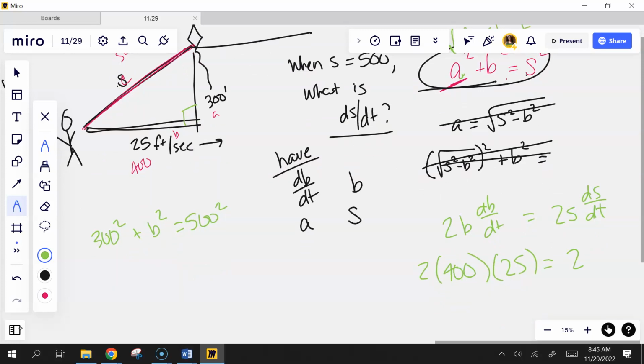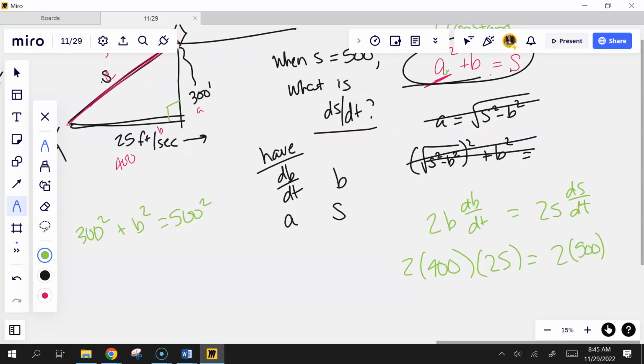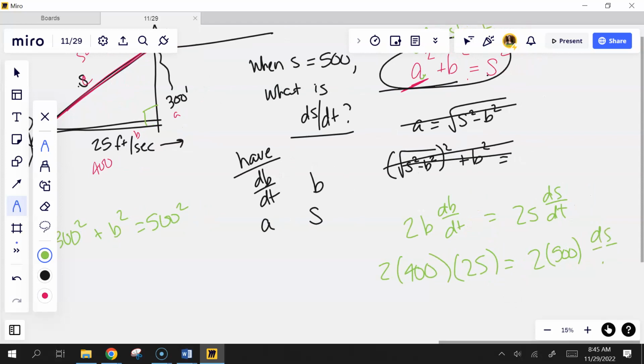S is 500, and ds/dt is what we're looking for. Please, let this be 20. It is, feet per second. I have failed at 2 problems now.